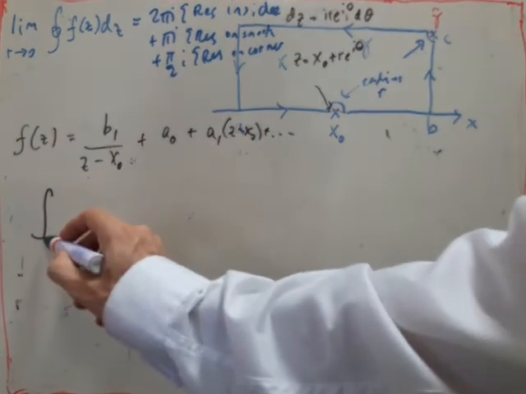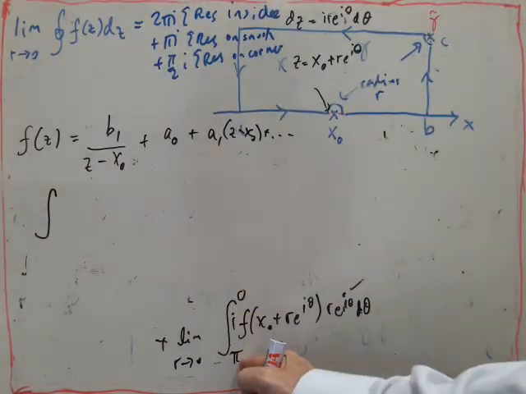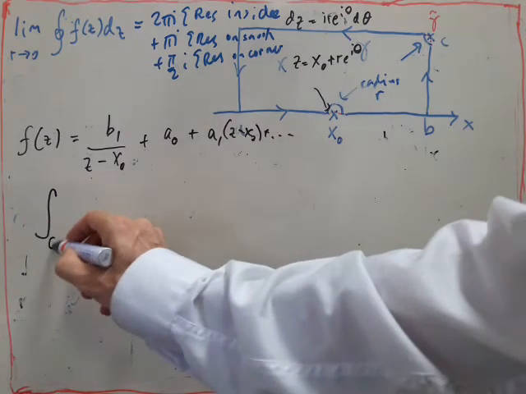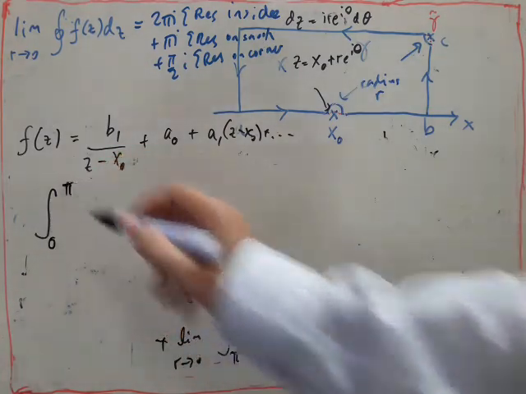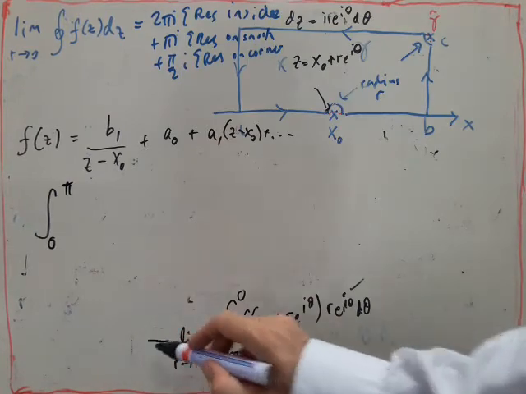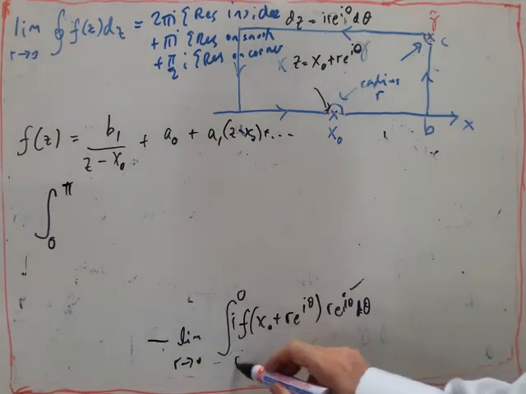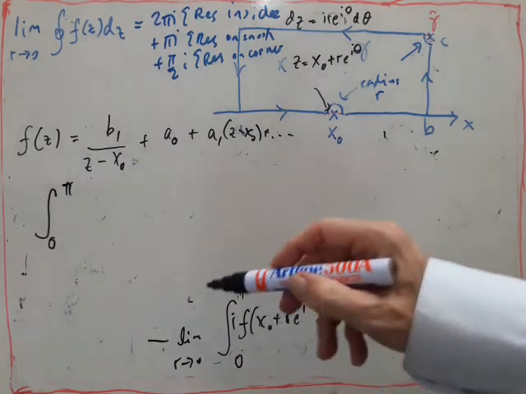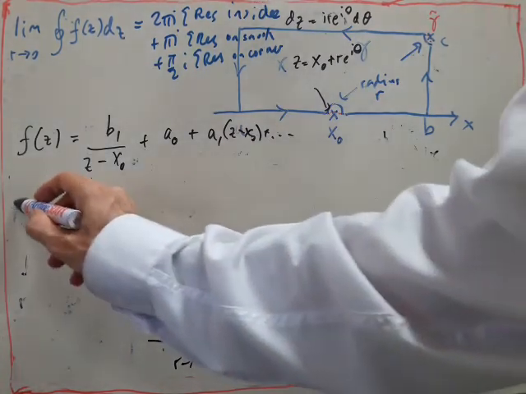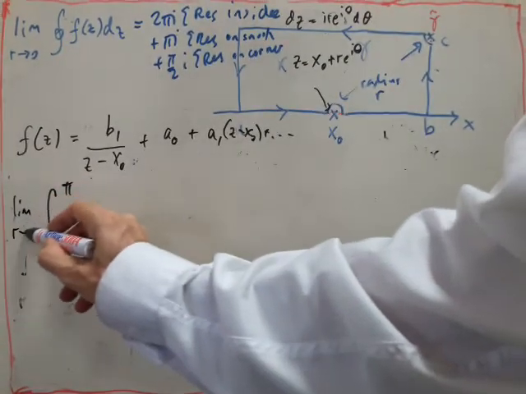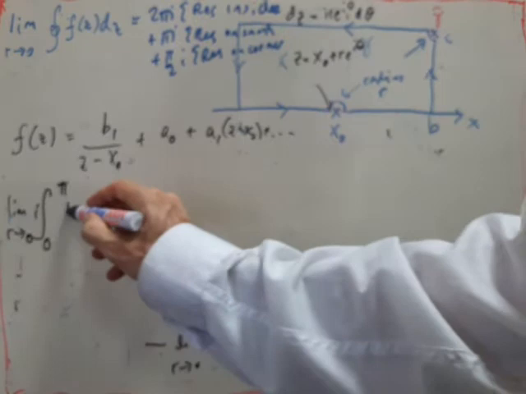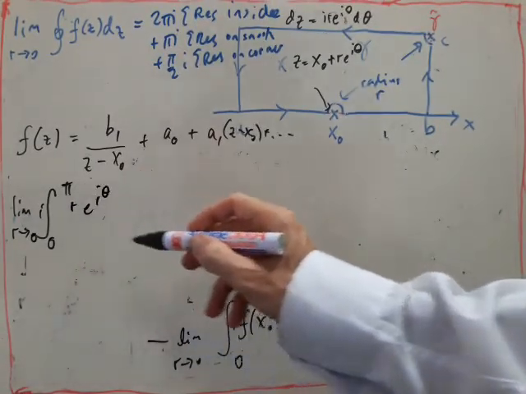So I've got the integral. I'll swap the limits and get a minus sign here. So if you allow me to do that, change that to a minus sign. We have 0 and pi here. This is still the limit as r goes to 0. I've got an i from this, r times e to the i theta.